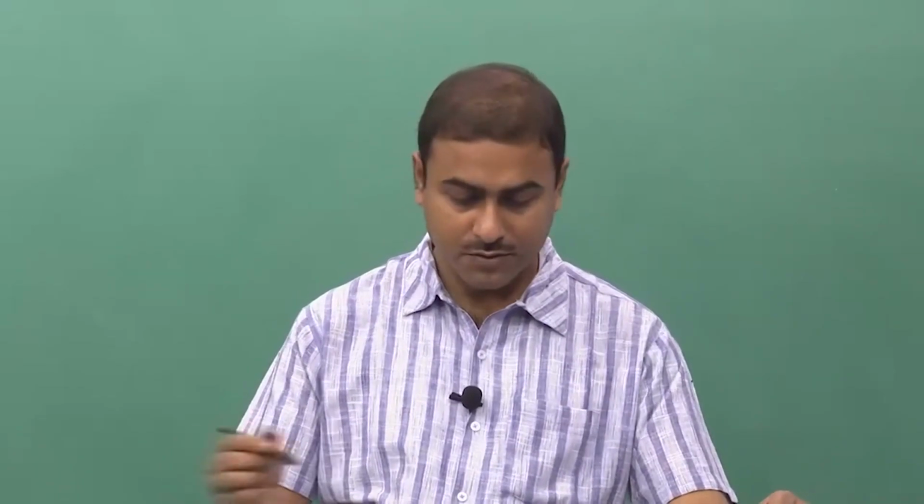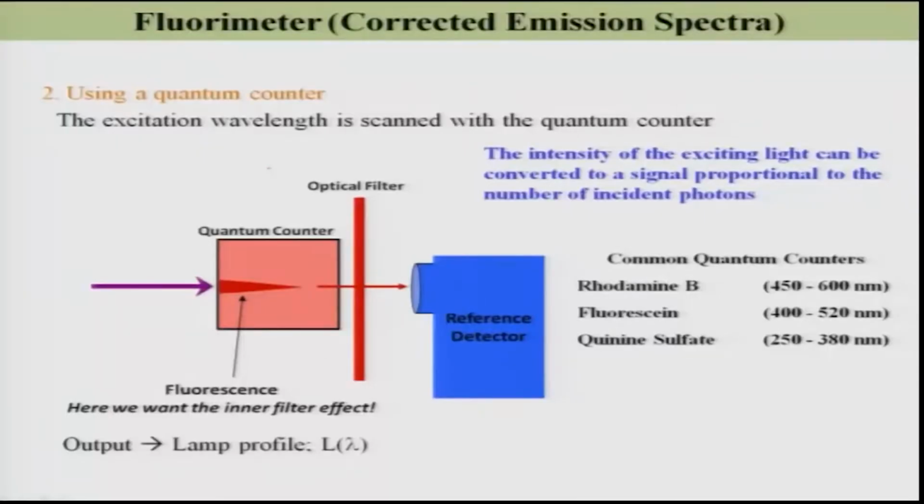In this case, what we are going to do is use a sample of my choice, and the concentration of the sample is very high. So in this case, the excitation light, this is my excitation light, will be completely absorbed by the sample as shown over here.